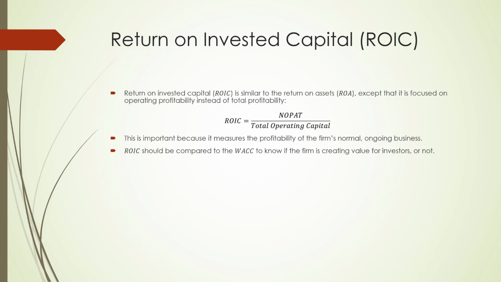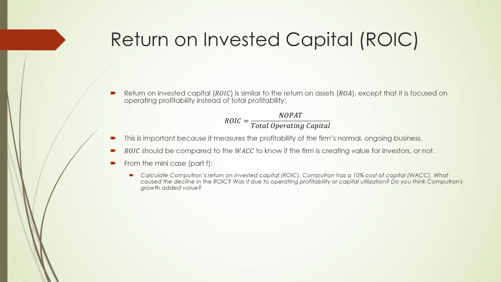And that thing that we compare it to is the weighted average cost of capital. And the weighted average cost of capital is the required rate of return of the firm's investors. And so if the return on invested capital exceeds the weighted average cost of capital, that tells us that the firm is earning more than the investors require. That's good. If the return on invested capital is lower than the cost of capital, that tells us that the firm is not earning its required return, and that's bad.